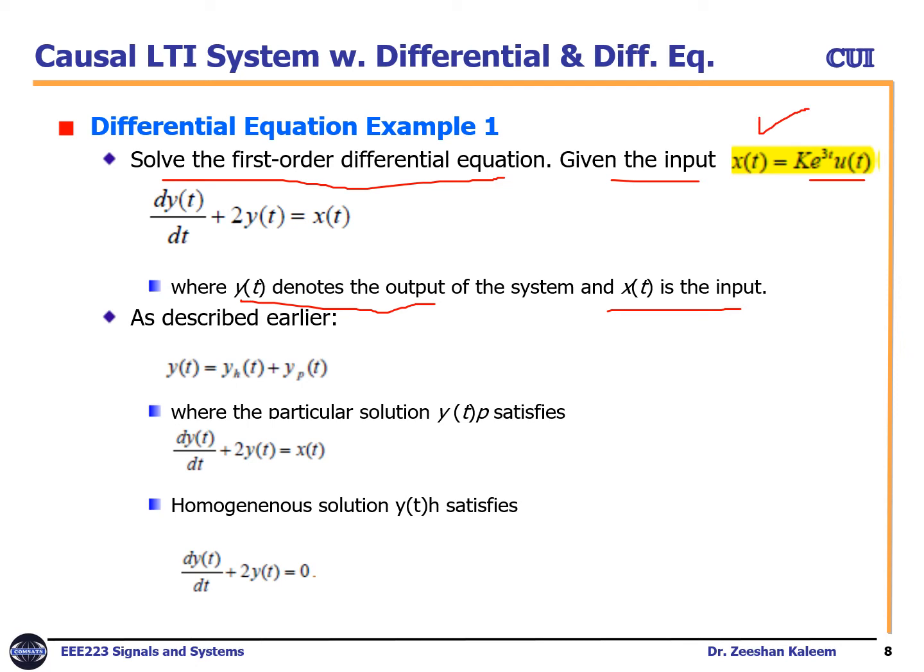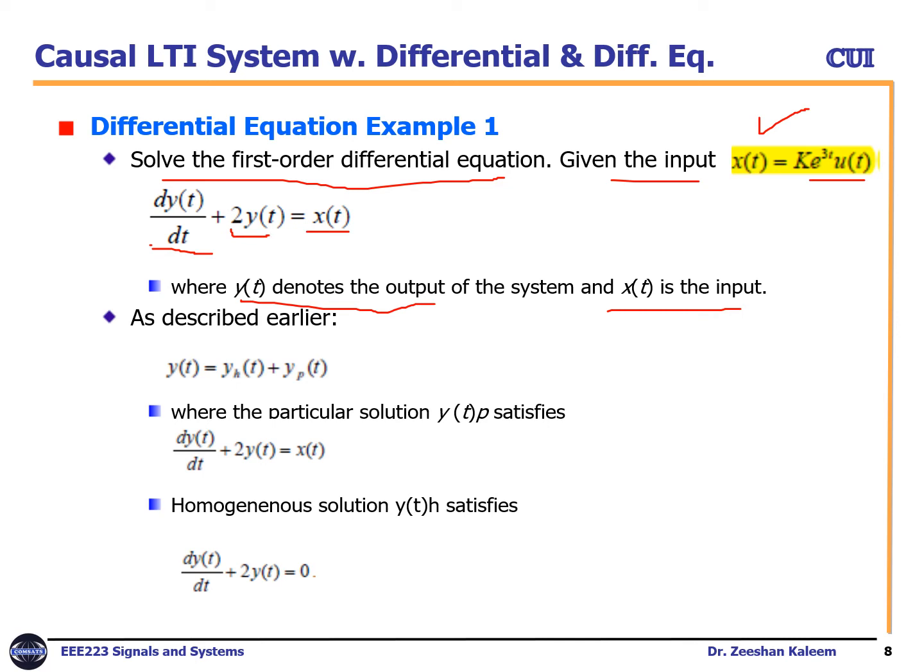As we discussed earlier, the forced response is the particular response for this input, and the other one, when this part is 0, we can call it the homogeneous part, right? So now we have the first order differential equation dy(t)/dt + 2y(t) = x(t).